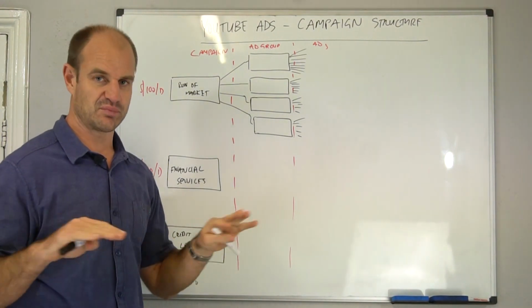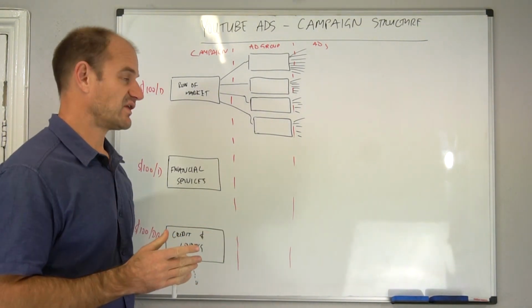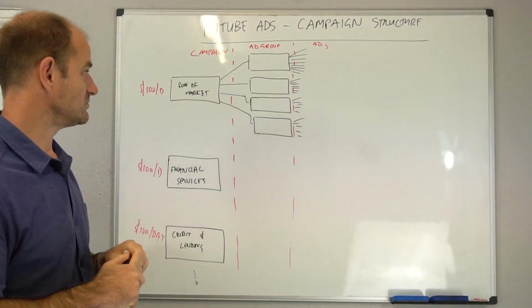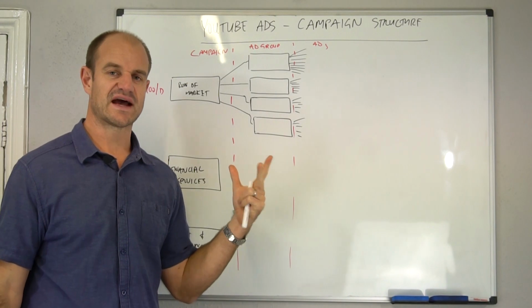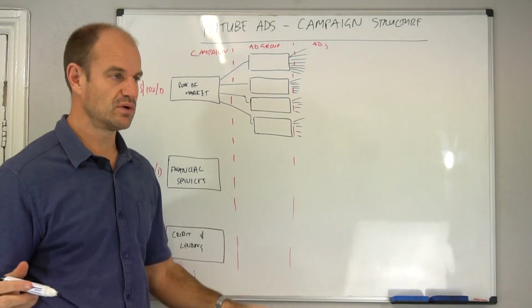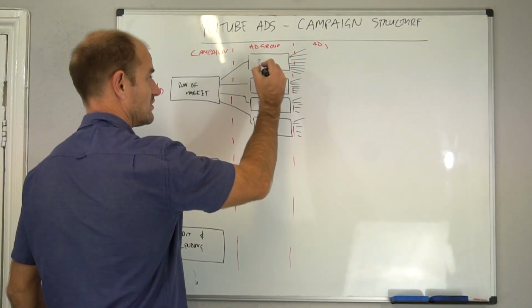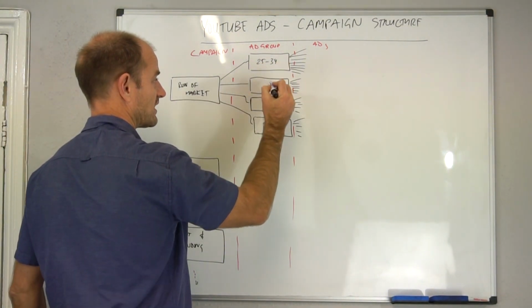No targeting, completely open, just let it go and see what the algorithm and the machine learning builds out. And then what we do, if we do this for, say, car finance as just a random example, you would want to break down the ad groups based on age bracket.